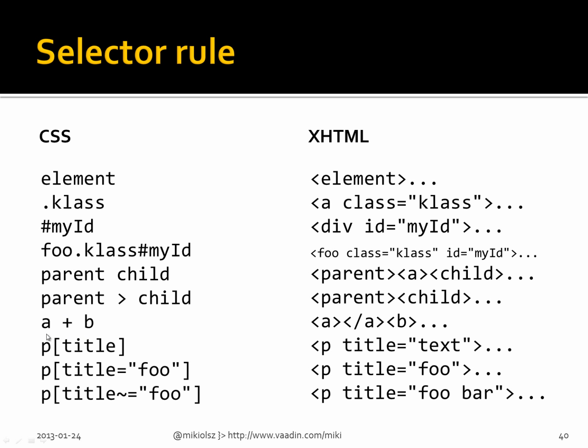I'm not sure whether these two are nowadays supported in Internet Explorer, but there were problems in the previous versions. We can select any element that has an attribute without checking its value. We can explicitly check for a value, or we can even select a value from a space-separated list. There is a couple of more selectors, but these I think are the most useful ones.